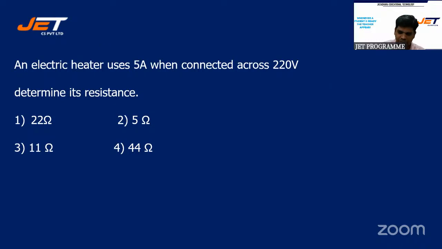So how do we do this? We apply Ohm's law. Let's say I've got a heater, represented with a resistor symbol. When connected across 220 volts, the current it consumes is 5 amperes.